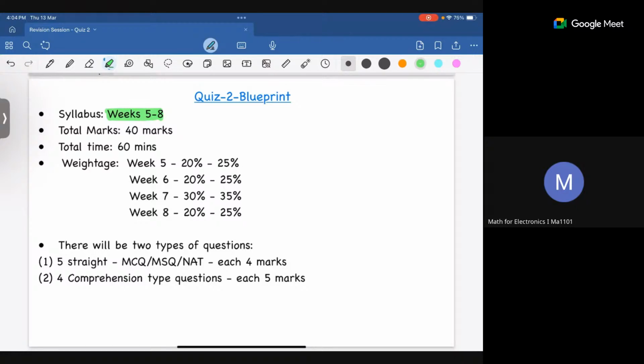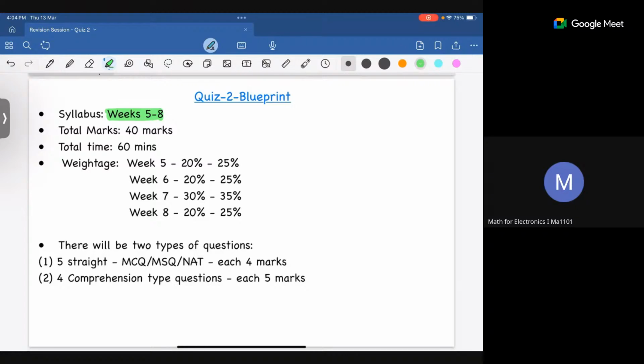Majorly, you can treat the syllabus as weeks 5 to 8, and the total marks is 40. Total time given is 60 minutes. If you see weightages, you will have a slightly bigger weightage for week 6 and week 7, and week 5 and week 8 carry a little less weightage.